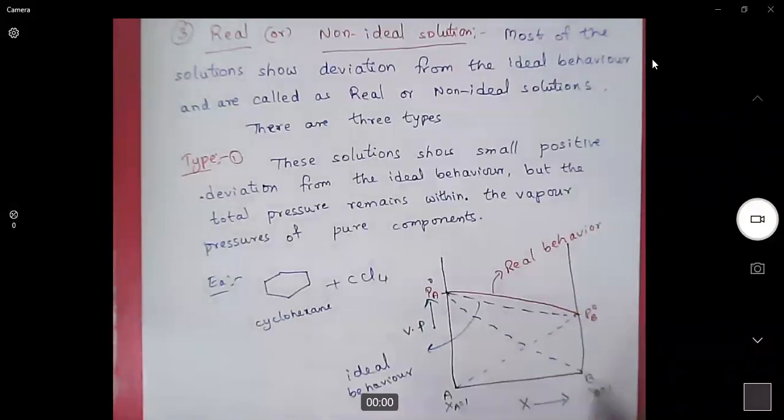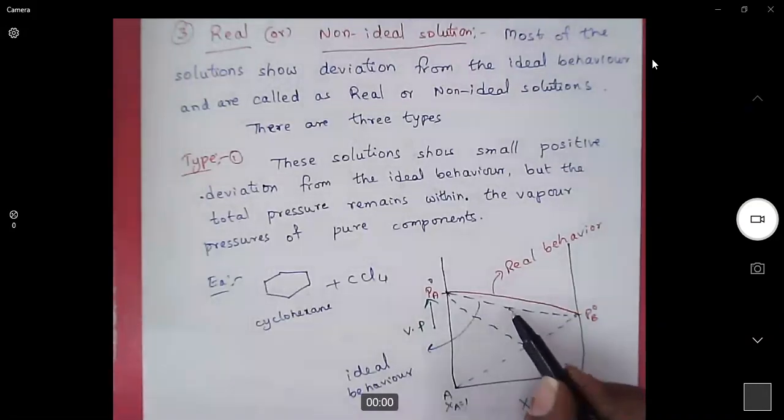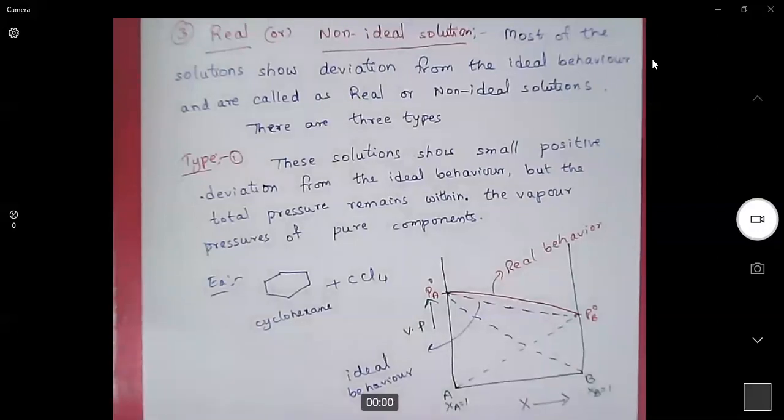So the type 1 solutions will always show a small positive deviation. Positive means the total pressure will be a little higher than the ideal character. The individual liquids also show a small positive deviation in the solution. That means the pressure is a little higher than the ideal character, and the other's pressure is also higher than the ideal character. These are called type 1 solutions.